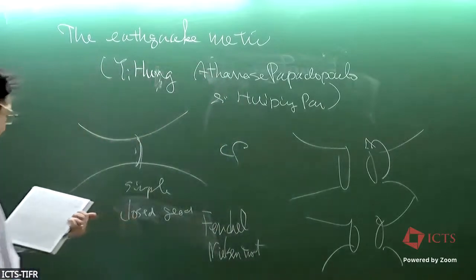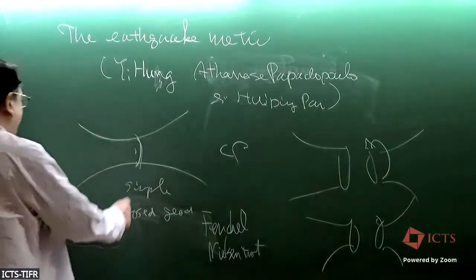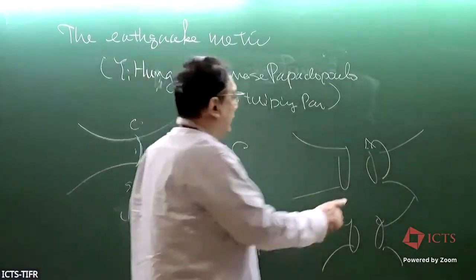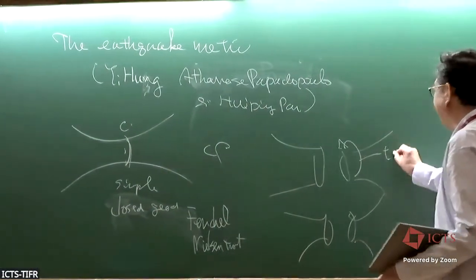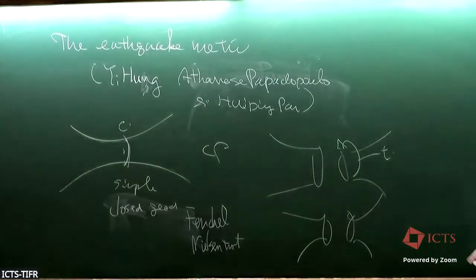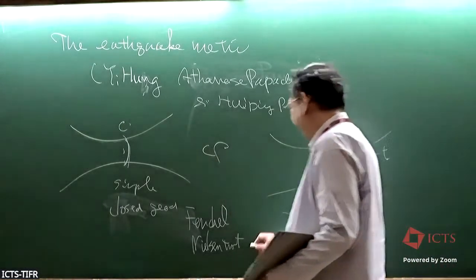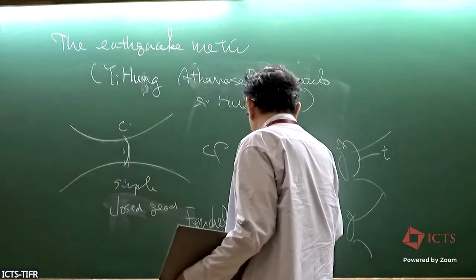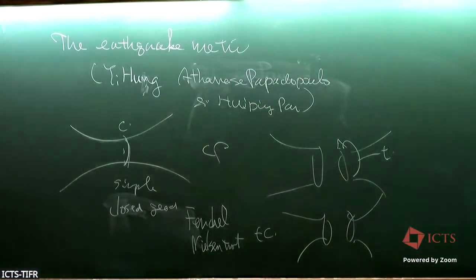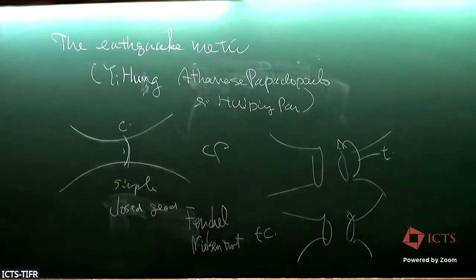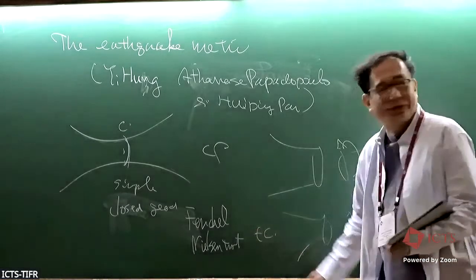So probably for this C, there's another data which is the twisting distance t. So this should be called the Fenchel-Nielsen twist along t times C, or along C of distance t or something like that.